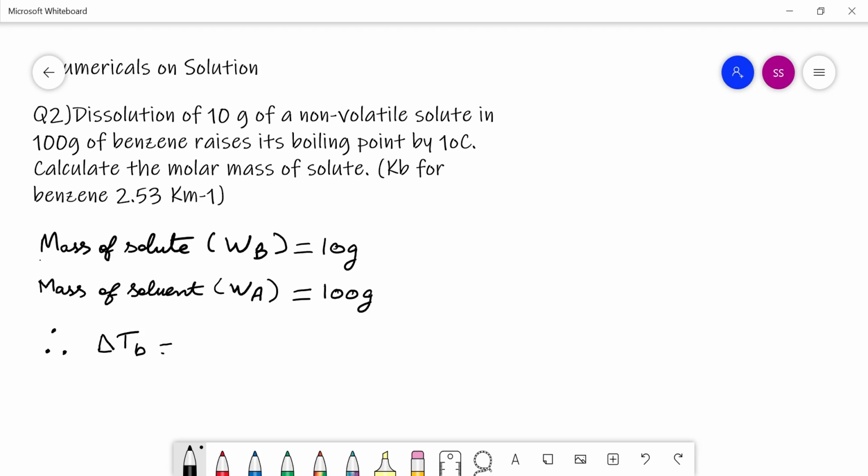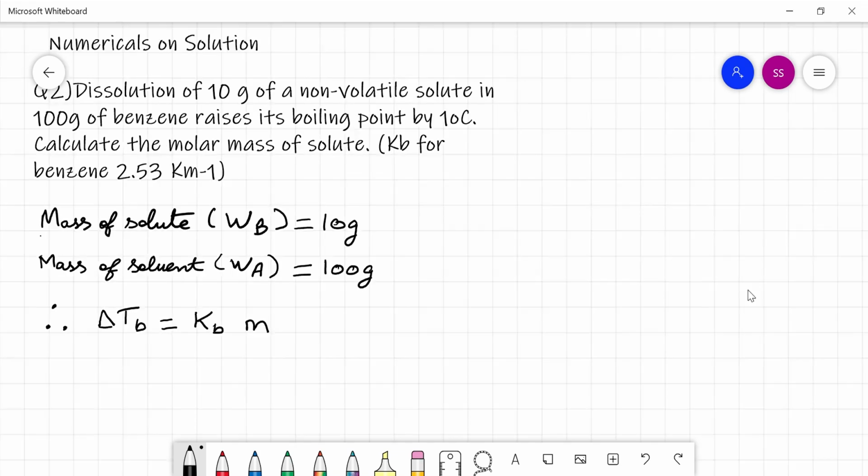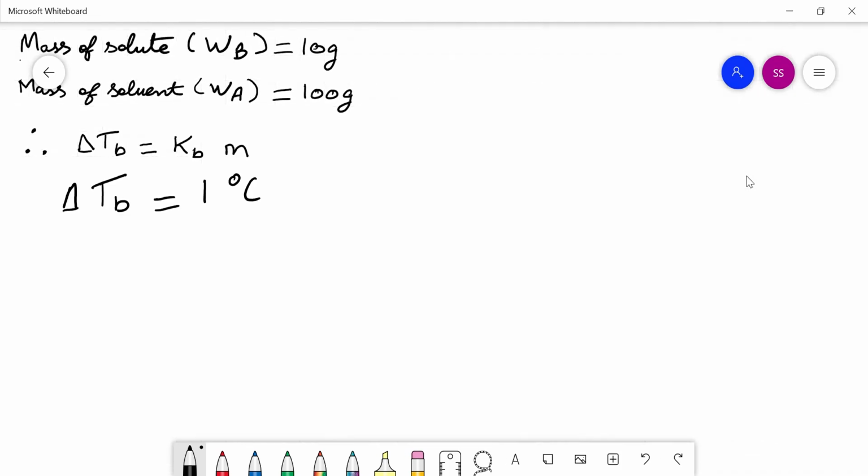Therefore, elevation in boiling point is equal to Kb into molality, जहाँ Kb होता है ebullioscopic constant. Elevation in boiling point is equal to 1 degree Celsius, which is also equal to 1 Kelvin, क्योंकि change in temperature unit से independent होता है.